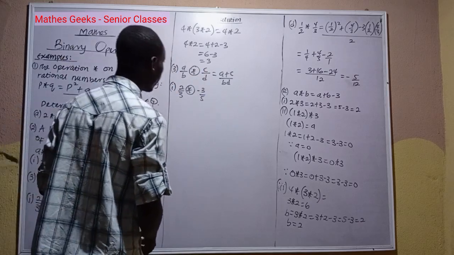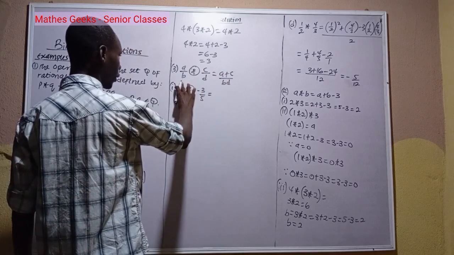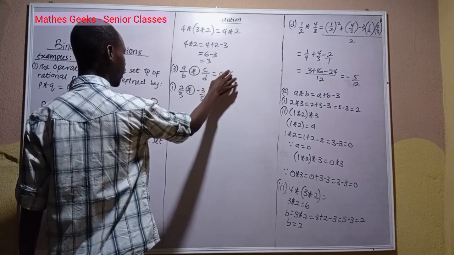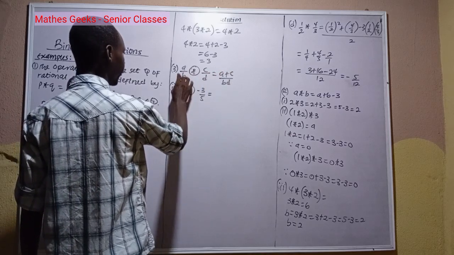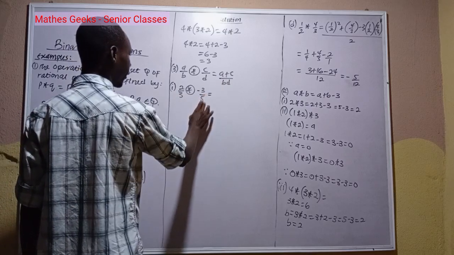Okay, so now our A here is 2, and C is minus 3. And B from here is 3 and D is 5.